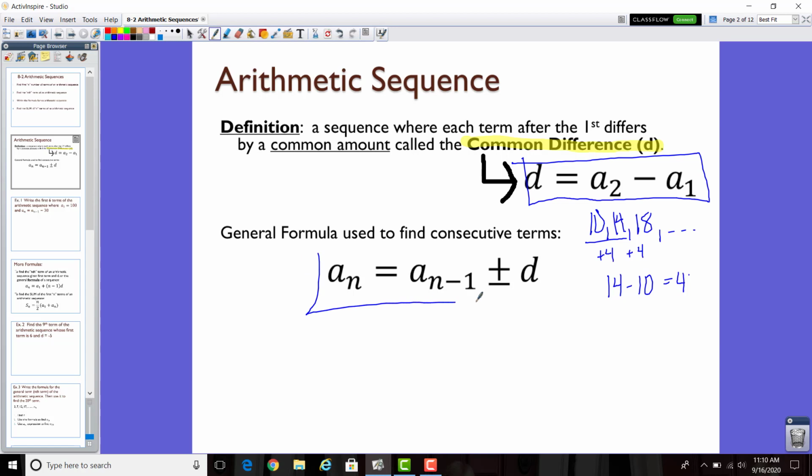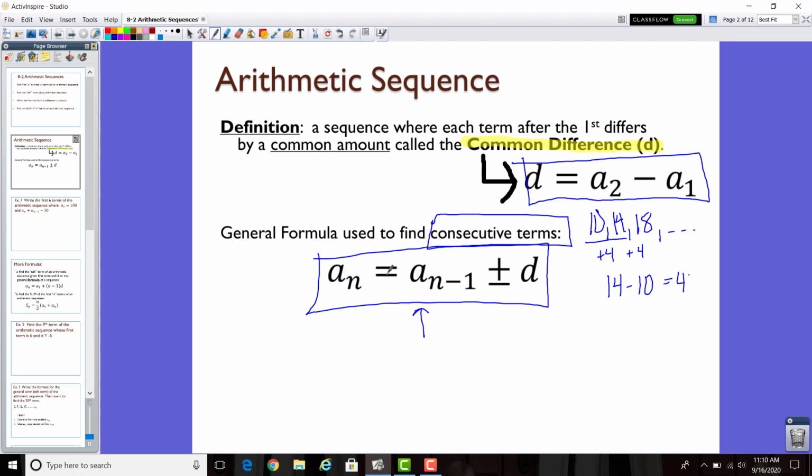This formula is used to find consecutive terms. So in the last section, we were given a general term that we were able to plug in the number 1 to find the value of the first term. The number 2, 3, I could plug in the number 100 and I could find the value of the 100th term. When we're talking about an arithmetic sequence, this describes the definition.